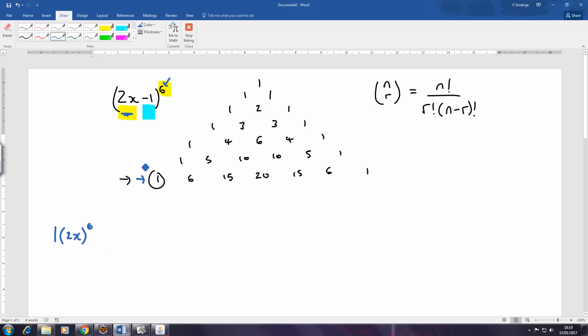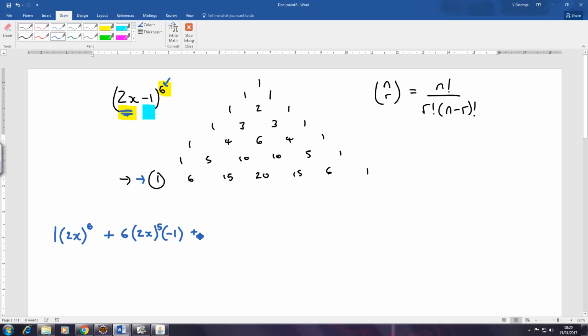The minus 1 comes in next, so the next term is going to be positive 6 times 2x, but the power is now going to be 1 less than what you started with, so that's 5, and then you start to include minus 1 to the power of 1, but I'm not going to write the 1 there. And technically there is a minus 1 in the first term, but it's to the power of 0, which ends up being 1 anyway. Okay, so that's the first and second term.